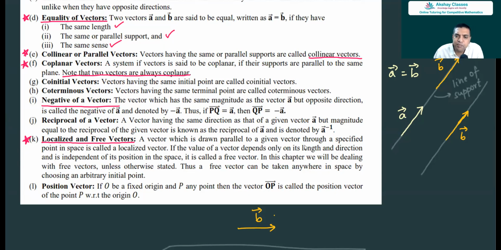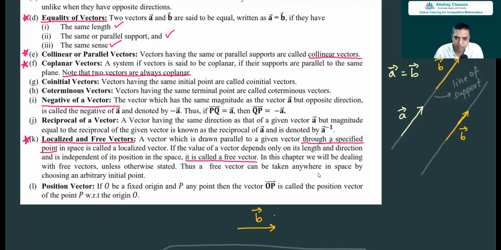So if we specify a point through which the vector should either start or end, or pass through, then it is a localized vector. Now, if the value of a vector depends only on its length and direction and is independent of its position in space, it is called a free vector. So in this chapter, we will be dealing with free vectors unless otherwise stated.